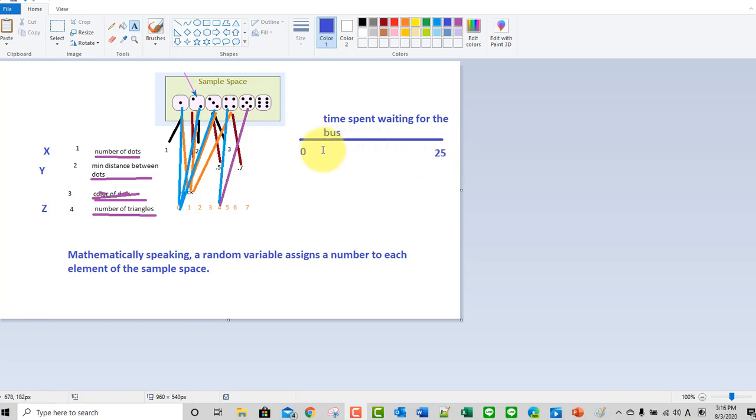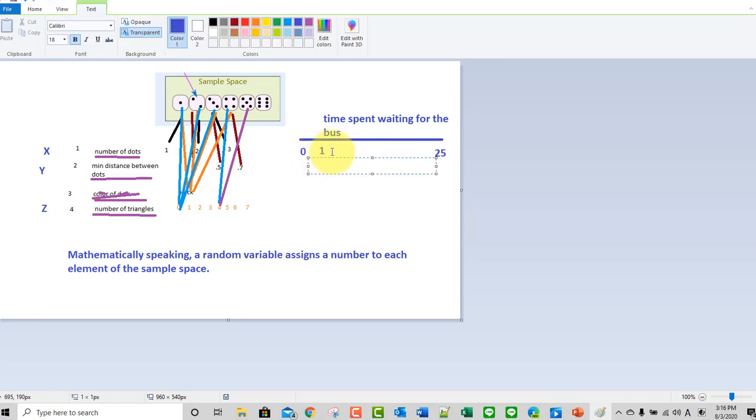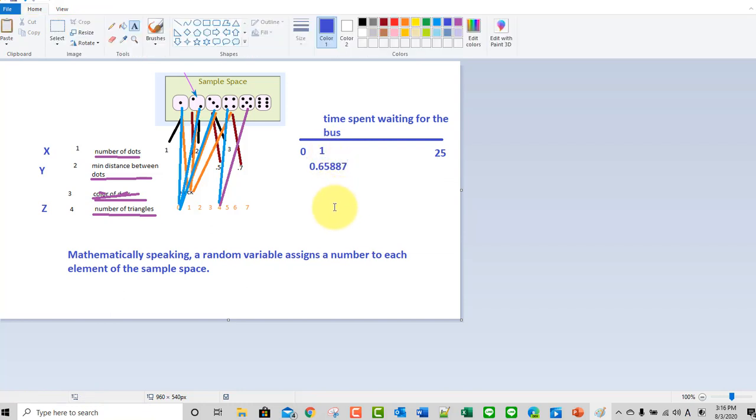But you could not just wait 0 or 1, you might wait half a minute or 0.657 minutes, right? Anything is possible in between. When you have that kind of variable, that's called a continuous variable.